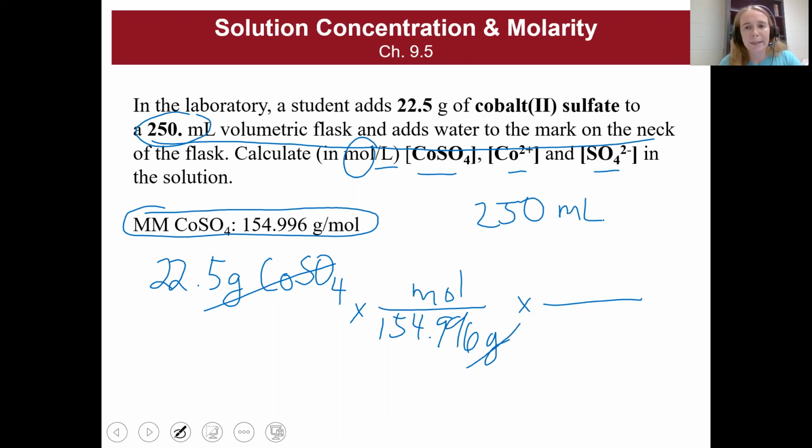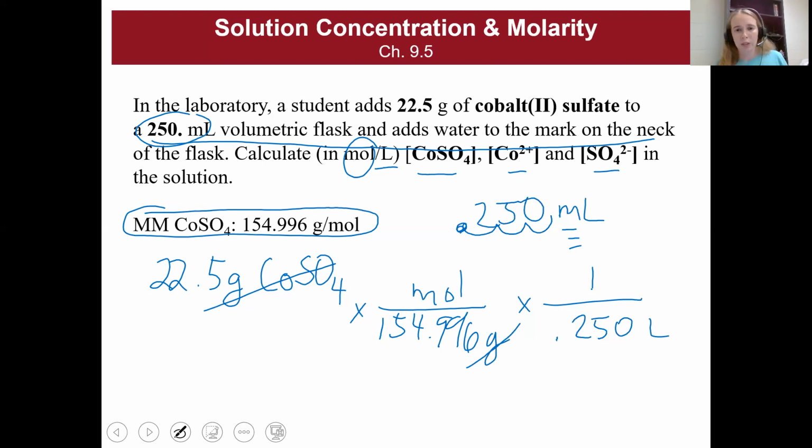But we want it in liters, so I'm going to move my decimal place over 3 times. That is the same as plugging it into your calculator and dividing by 1,000, or multiplying by 10 to the minus third, which is the definition of milli. So 250 milliliters is 0.250 liters, and there's nothing else here, so I'm just going to put a 1 up there.